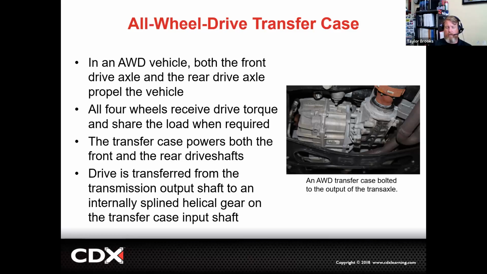Our transfer cases, or our PTOs, for all-wheel drive vehicles are going to be a little bit different. A lot of all-wheel drive platforms are going to be based off of a front-wheel drive application. So instead of having a transfer case that's right after the transmission, the transfer case will be on one side of the transaxle. What's photoed here is the transaxle on the left of the screen.